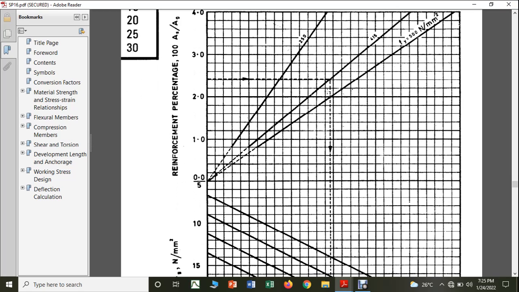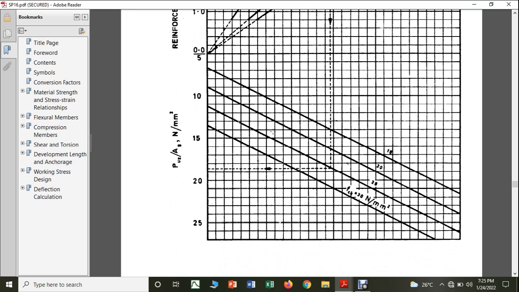Then you go down, where you have one more value, that is FCK, whether it is 30, 25, 20 or 15. Somewhere it will cut based on the grade of concrete that you are going to assume. From that point, when you come to the left side, you are going to get the PUZ by AG value.